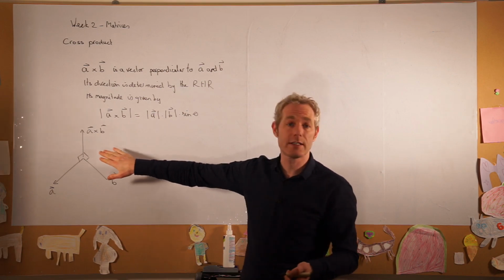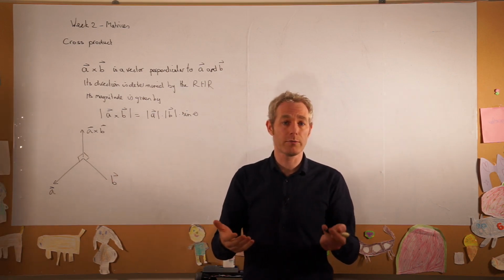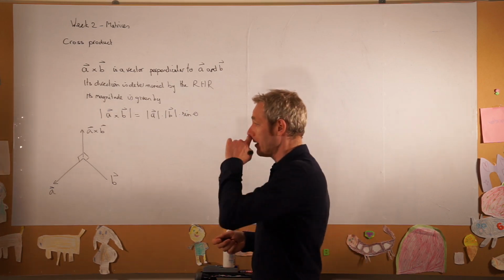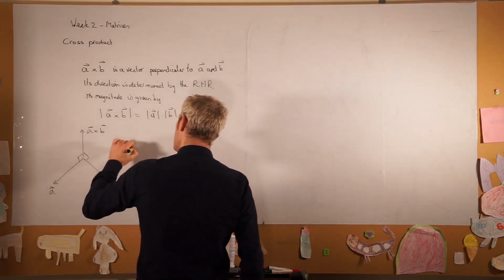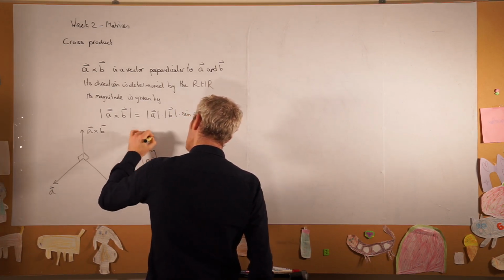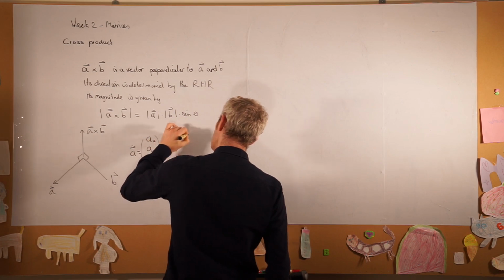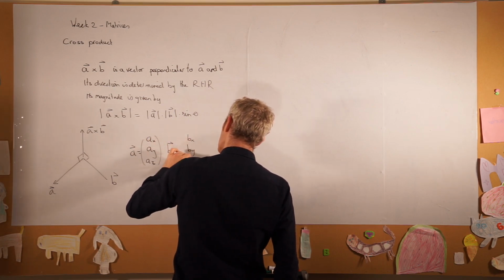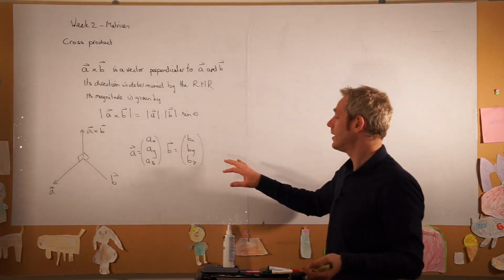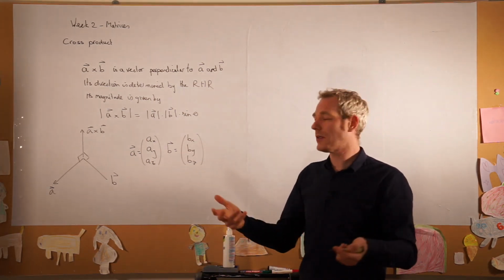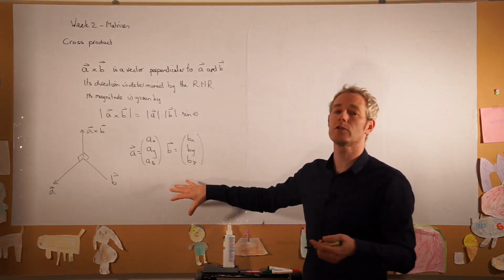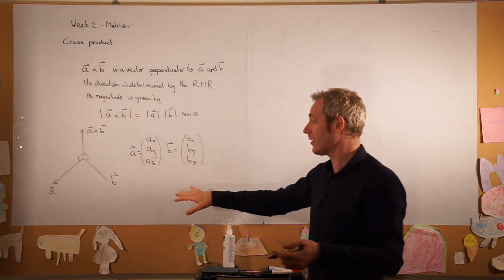So we know its length and we know its direction, but like with the dot product, the formal definition isn't the easiest way of calculating this. So let's say we have a vector A, which is ax, ay, az, and I have a vector B, which is bx, by, bz, and there's a formula for the cross product which now will not make a lot of sense intuitively, but once we get to determinants, there's an easier way of calculating this.